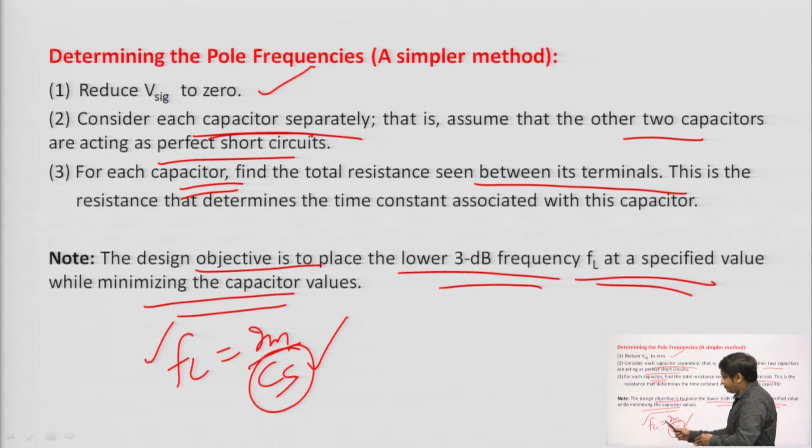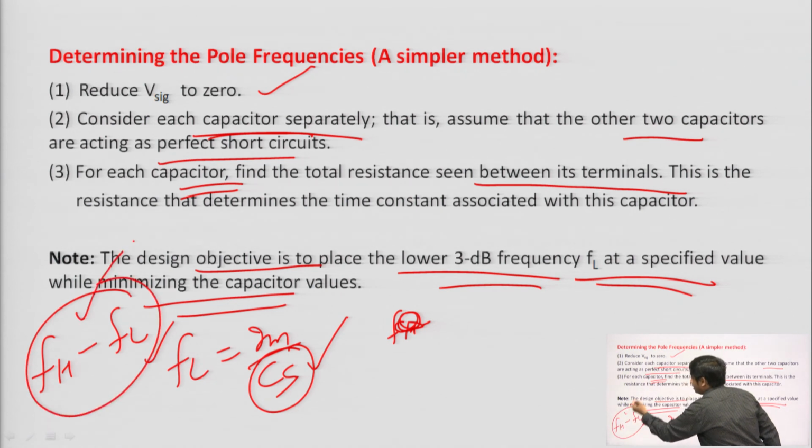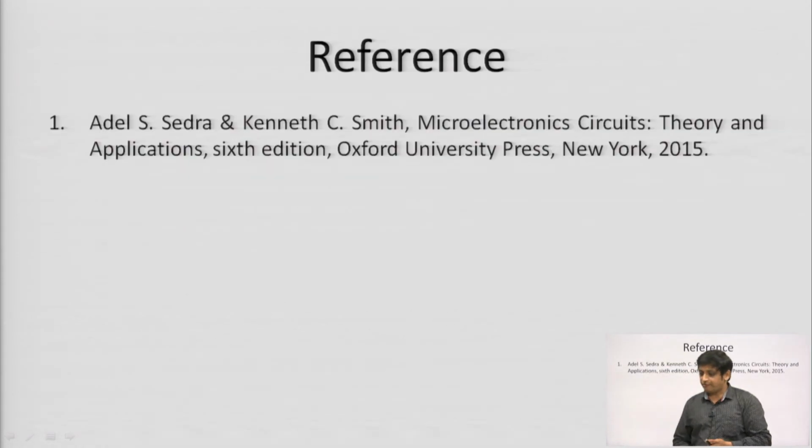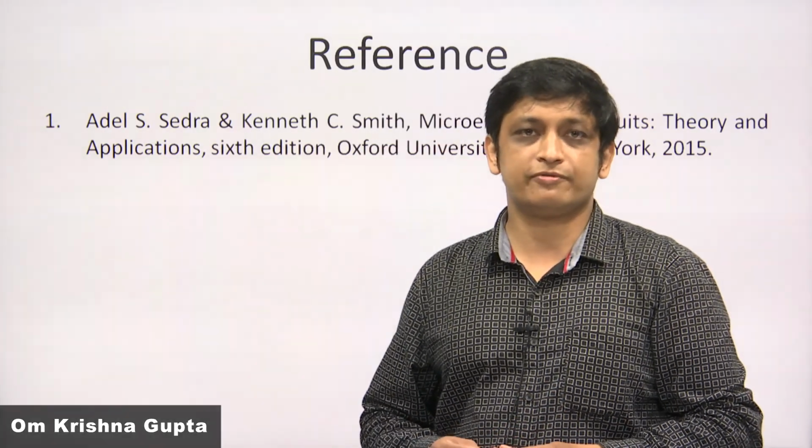When we decide a value of FL, accordingly we select the value of Cs, and this FL plays a role in the calculation of the bandwidth. That bandwidth is the upper 3 dB frequency FH minus the lower 3 dB frequency FL. So, that is the design parameter. This is the reference, and in this class I have discussed the high frequency and low frequency response of the Cs amplifier.